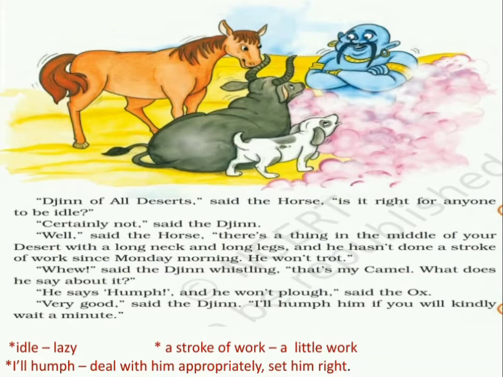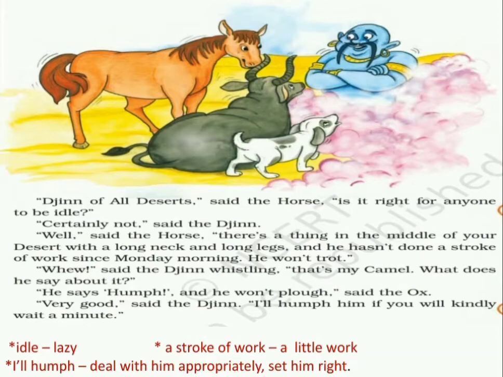So here, can you see the picture, children? In the cloud of dust you can see the jinn and all the animals are there in front of this jinn. And one animal, that is the horse, said, "Jinn of all deserts, is it right for anyone to be idle?" It is putting a question to the jinn. Is it right that anyone can be idle?